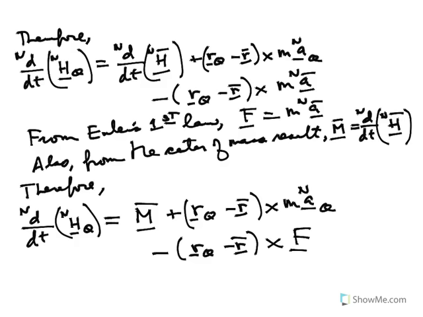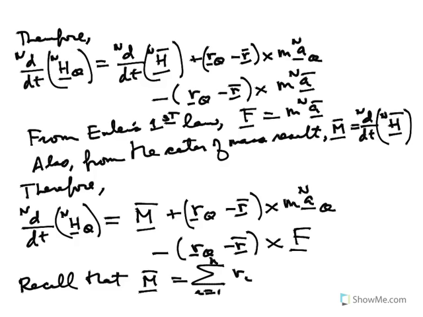But now again, we can substitute, and we can recall that M bar is equal to the sum from i equals 1 to n of (ri minus R bar) crossed with Fi, and also that F is equal to the sum from i equals 1 to n of Fi.